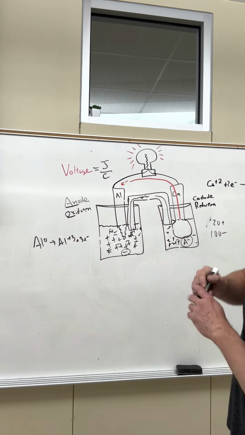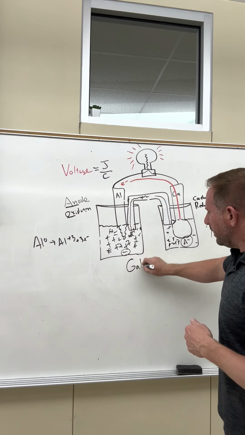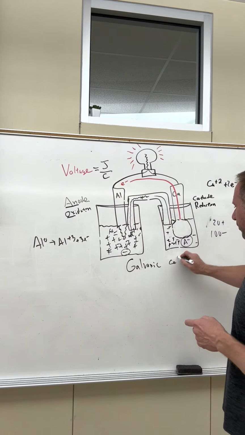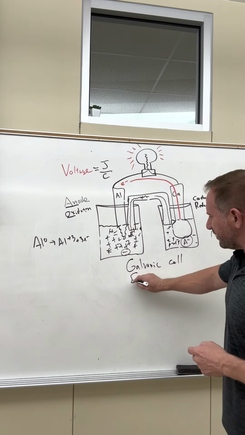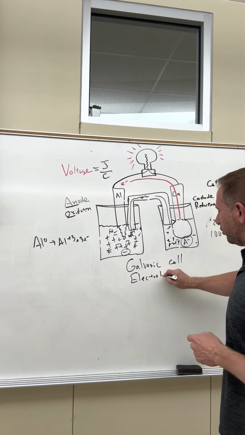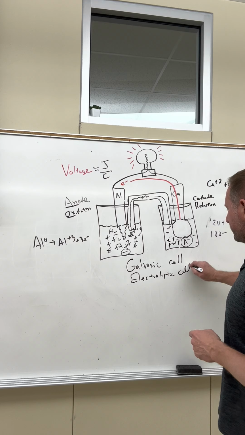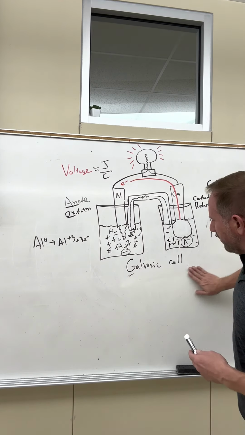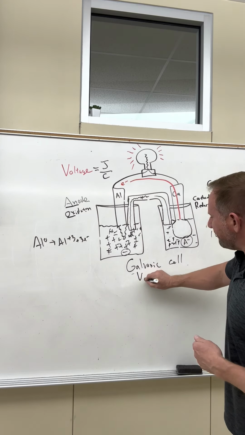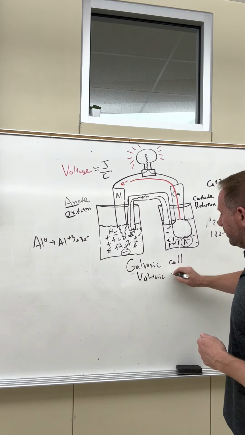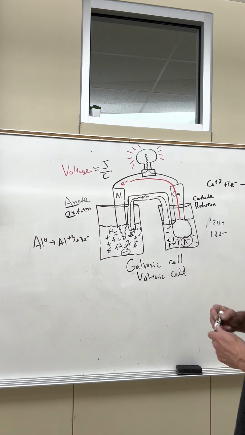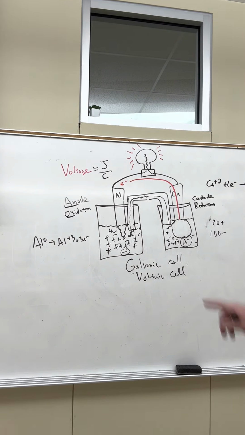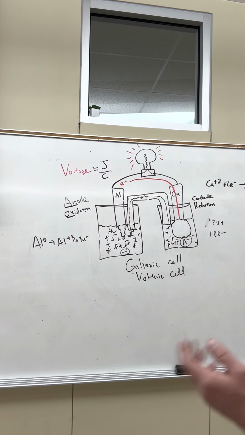This is how a galvanic, Italian feller, a galvanic cell is made, or we could say this is an electrolytic cell. I'm sorry, not electrolytic cell, my bad, that's later. A voltaic cell. So a galvanic cell or a voltaic cell. This is a basic battery.